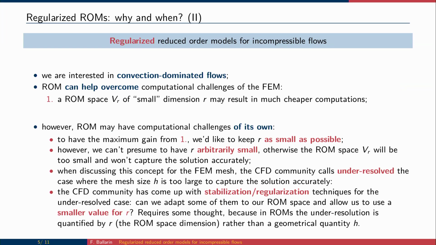In order to gain from the small dimension VR, we'd like to keep R as small as possible, but we cannot presume to have R arbitrarily small while keeping a good accuracy. And when discussing this concept for a finite element mesh, the CFD community calls this under-resolved. So it calls under-resolved a case in which the mesh size is too large to capture the solution accurately.